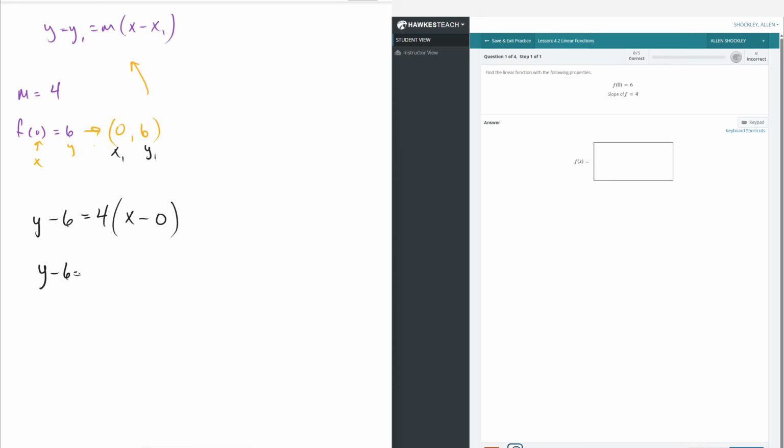Y minus 6 equals 4 times x, which is 4x, and 4 times 0, which is 0. Add 6, y equals 4x plus 6. And again, this is f of x, so we'll change it. F of x equals 4x plus 6.